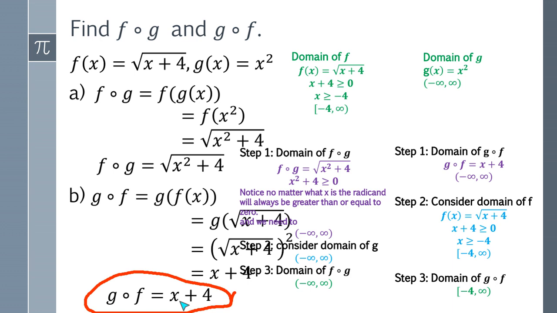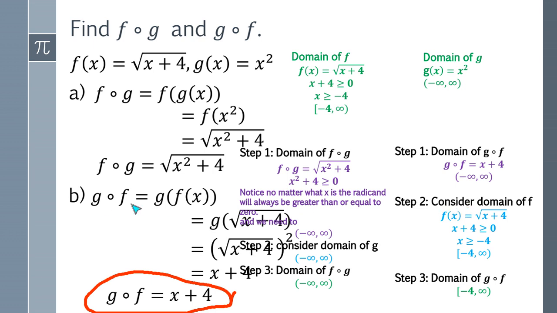This is a line, so the domain is just going to be negative infinity to positive infinity. What happens is if you enter that as your answer, it's going to be wrong, and this is going to be the reason. Okay, so step 2 is consider the inside function.